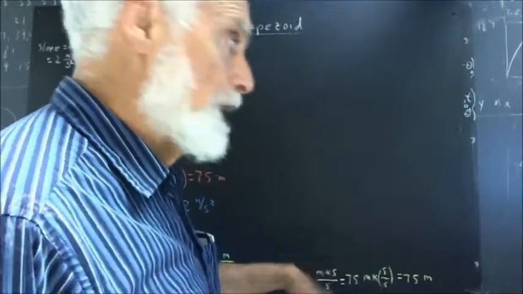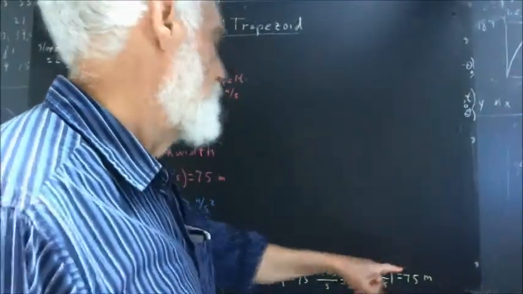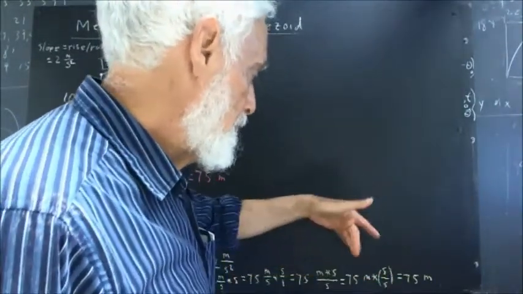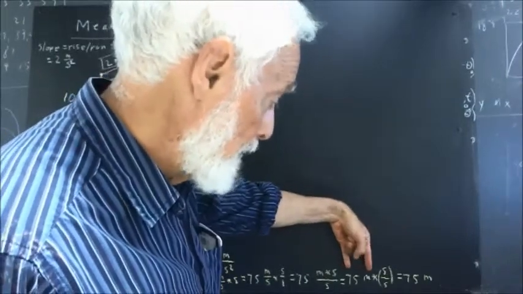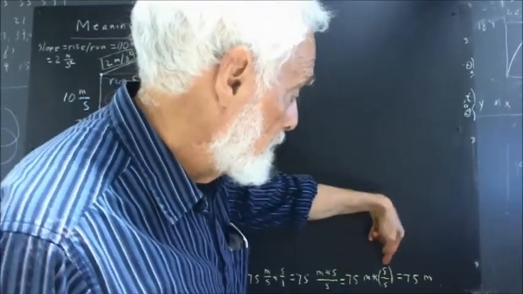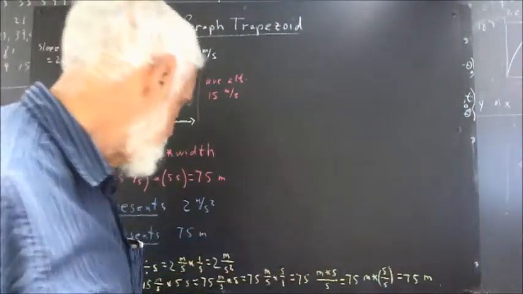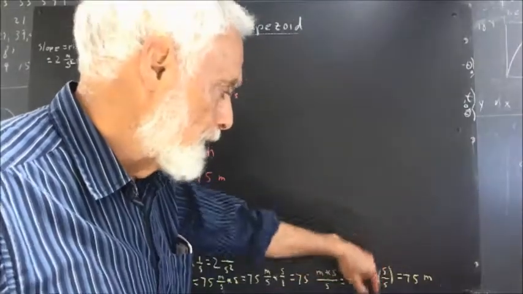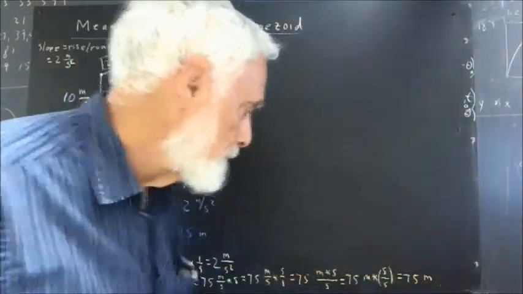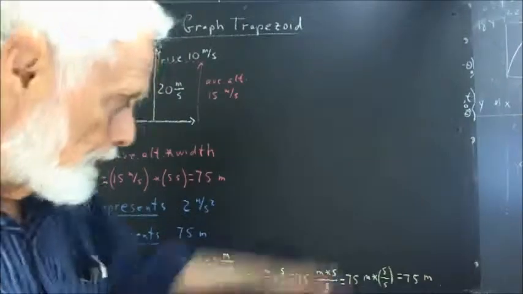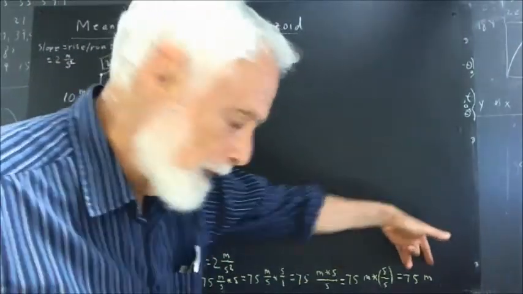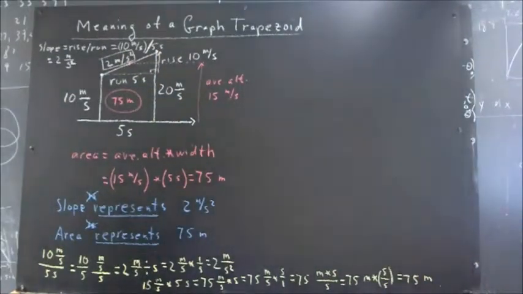Seconds over seconds is just unity, and multiplying by unity doesn't change anything. So it's 75 meters. Okay, that's the details of the unit calculations, and you should understand that thoroughly.